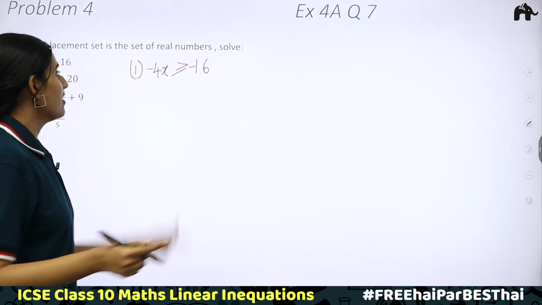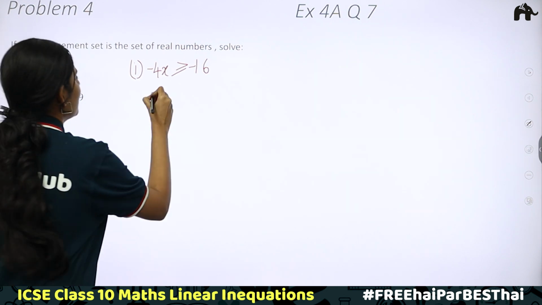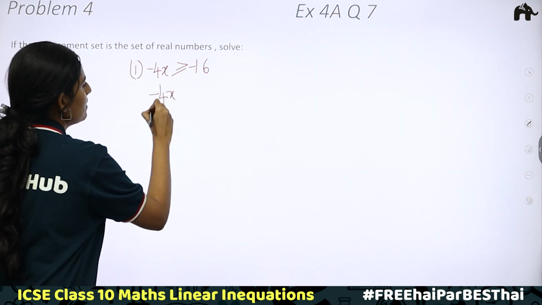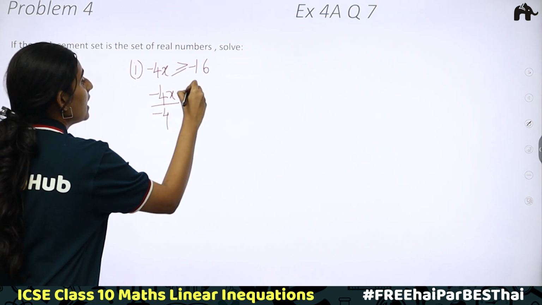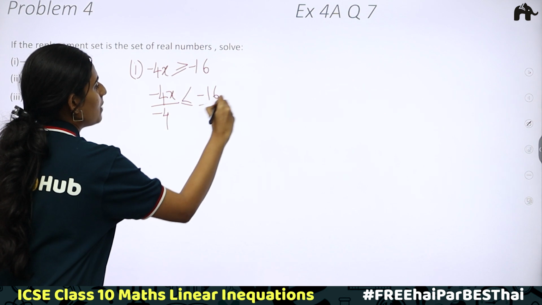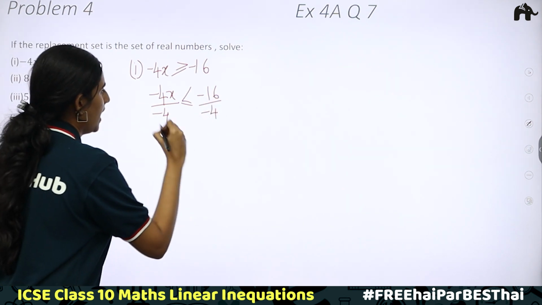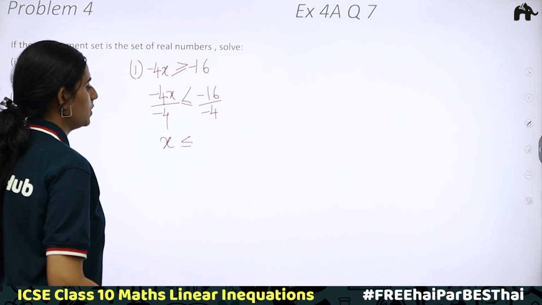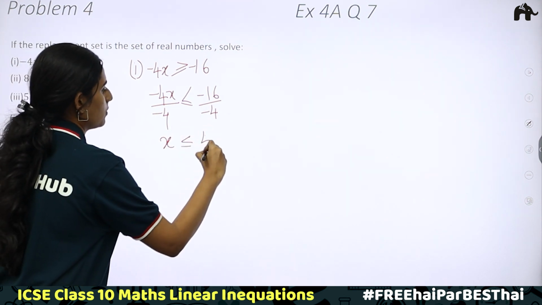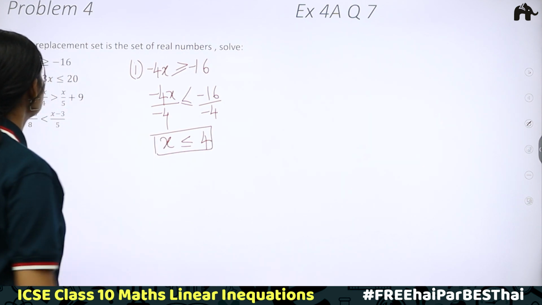Use the rule while dividing with a negative number: the inequality reverses. That is minus 4x divided by minus 4 less than or equal to minus 16 divided by minus 4. You will be getting x less than or equal to 4.